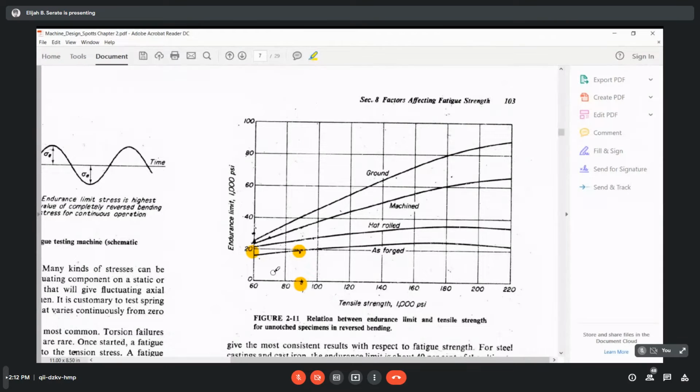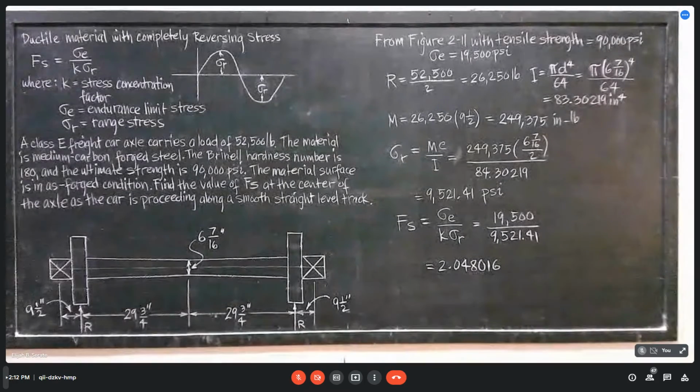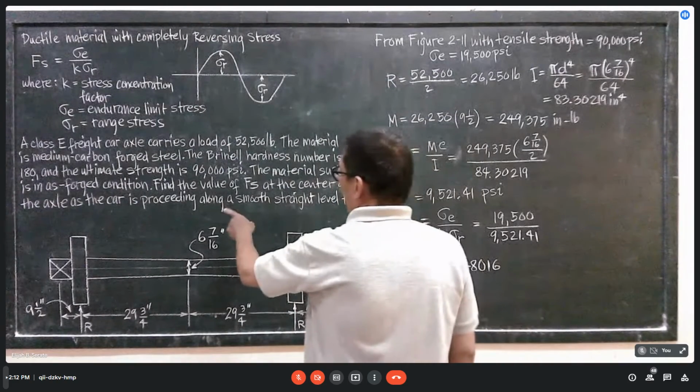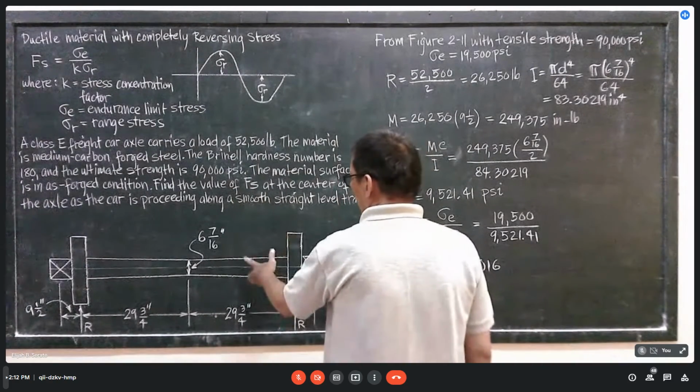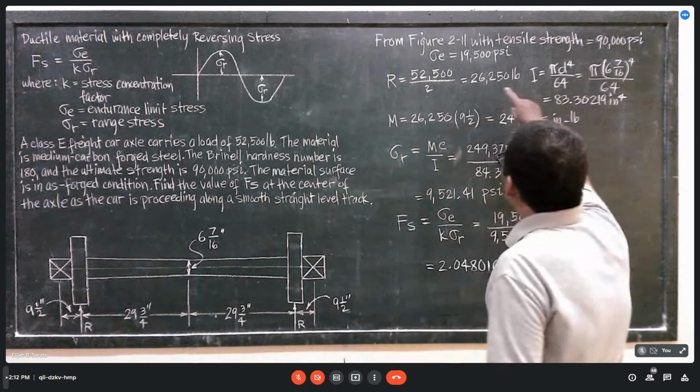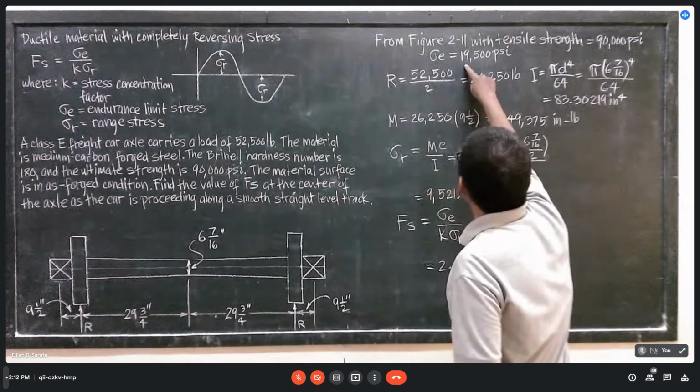Do you follow, class? Yes, sir. Okay. So, I go back to the problem. My endurance limit for this material, which is as forged, the axle is as forged, then its endurance limit is 19,500.